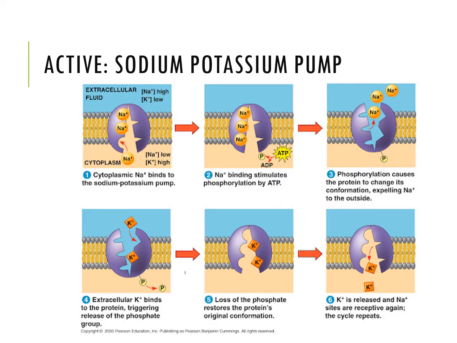All right, another type of active transport that you have in your body that's very, very important is the sodium-potassium pump. What happens is we are trying to get sodium out of the cell, potassium into the cell. So three cytoplasmic sodiums combine to it.